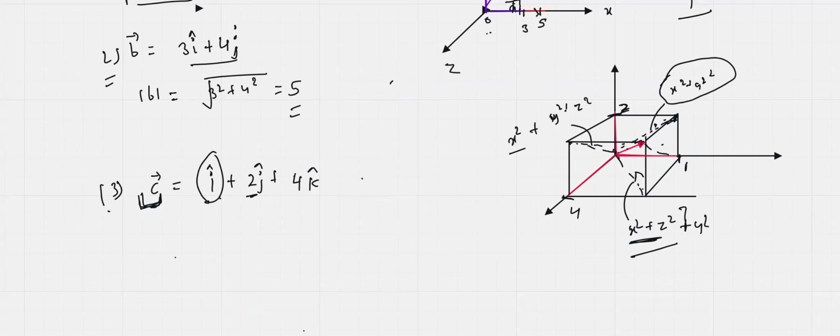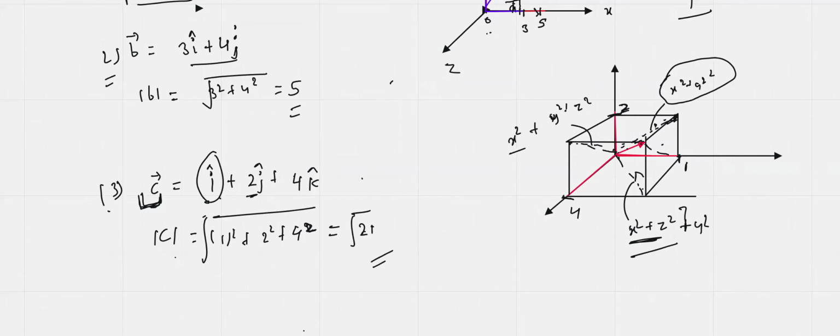So finally, this magnitude will come out as what? 1 square plus 2 square plus 4 square, under root. What does this come out at? It is 16 plus 4 plus 1, that is root of 21.